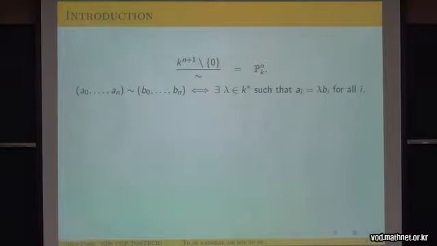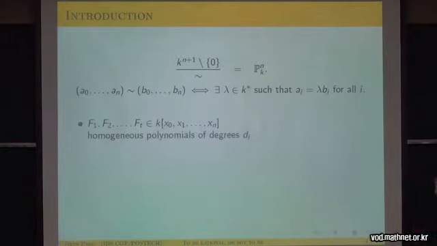This is called the projective n-space. Projective n-space is the set of one-dimensional subspaces in the n+1 dimensional vector space. This is exactly what that means.